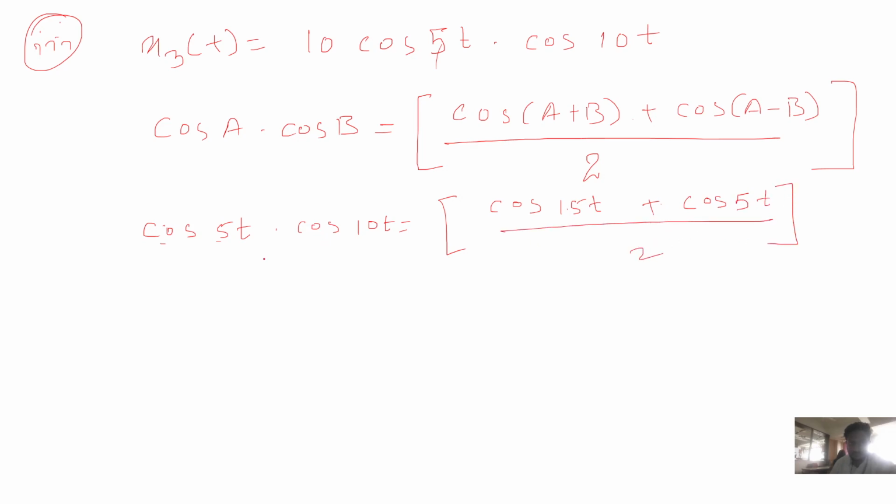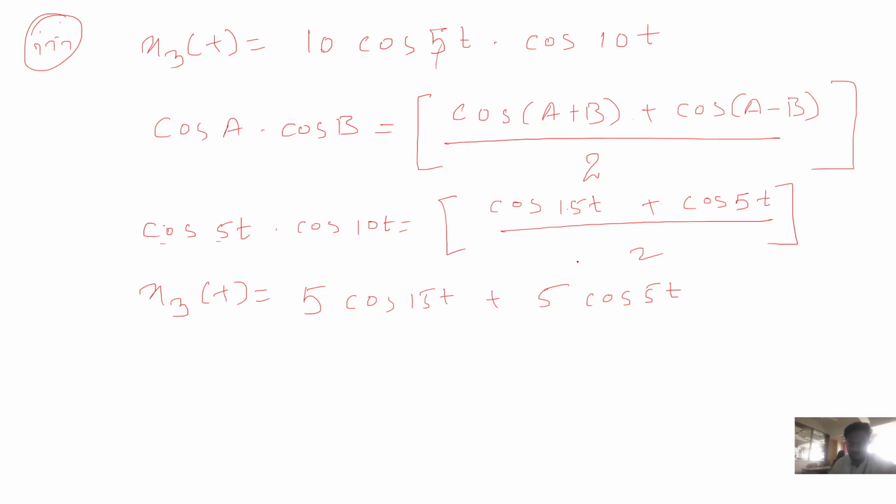Understand this? 5 minus 10 is minus 5, but cos of minus theta is cos theta, and therefore I can write it like this. I hope I am clear. Yes, sir. Therefore x3 of t is going to be equal to 5 cos of 15t plus 5 cos of 5t.